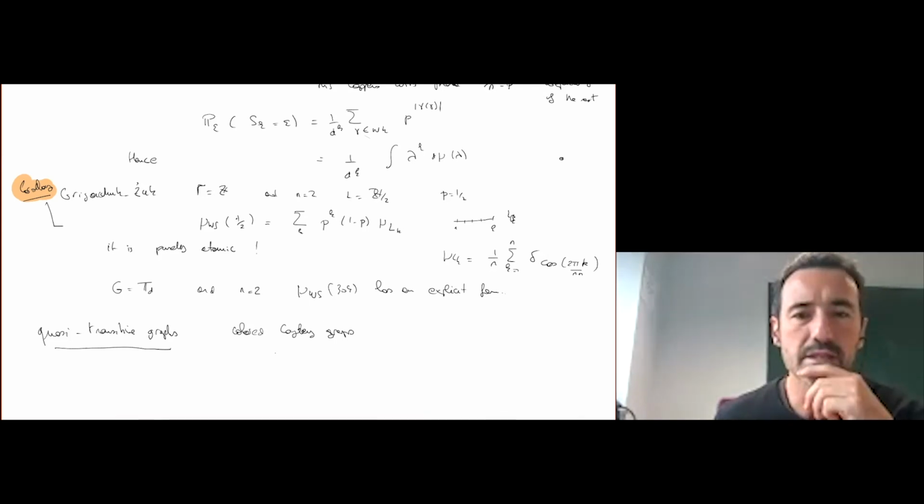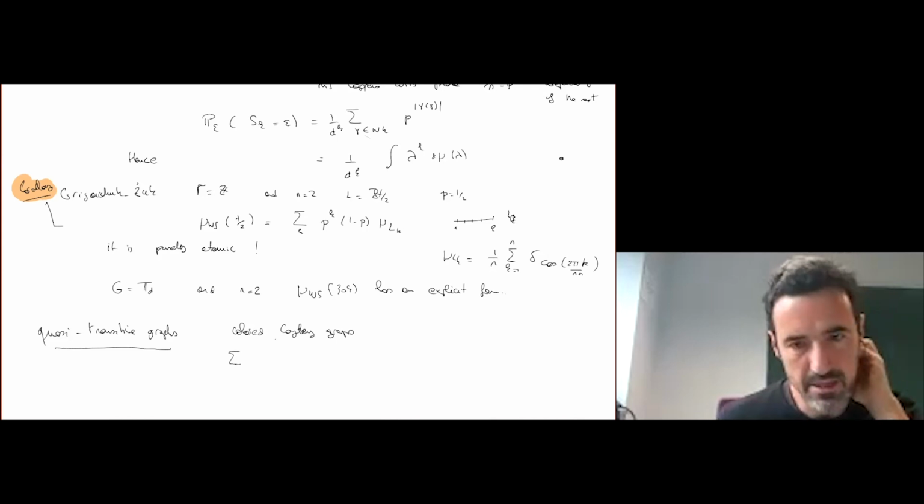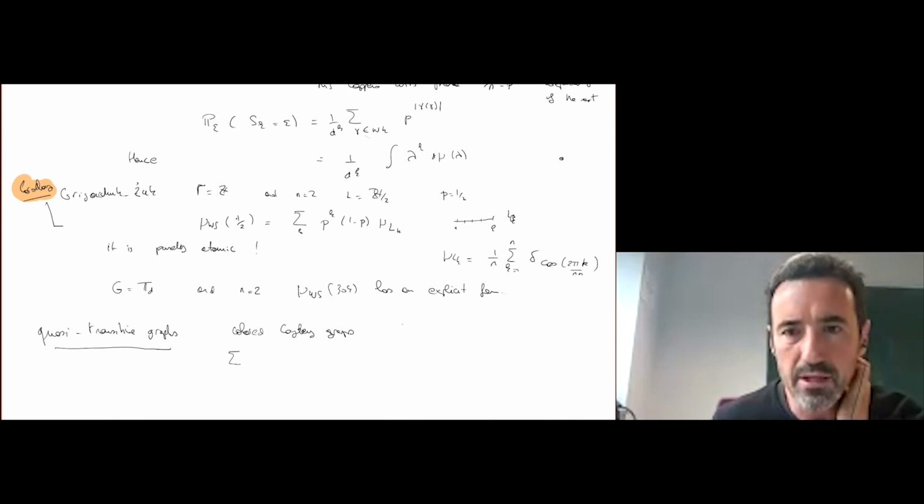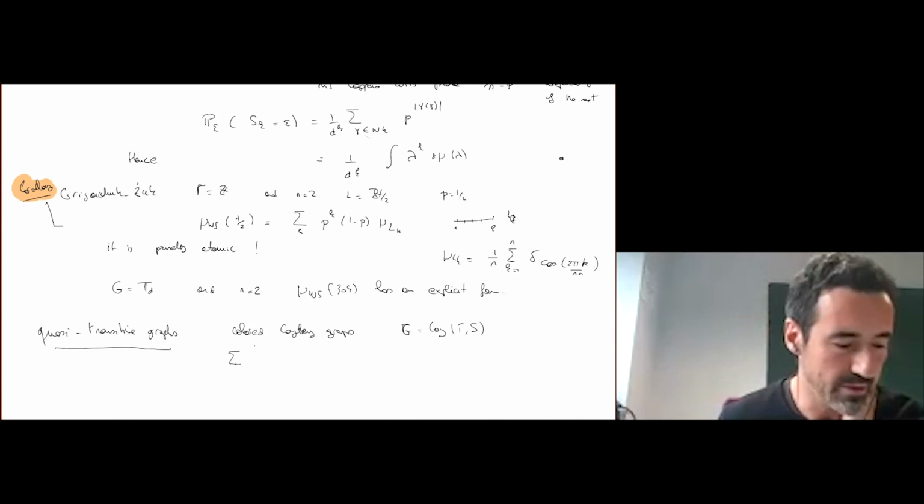What is that? You can define them simply by the adjacency matrix. So you take gamma, G, which is a Cayley graph of some group with some symmetric set of generators.